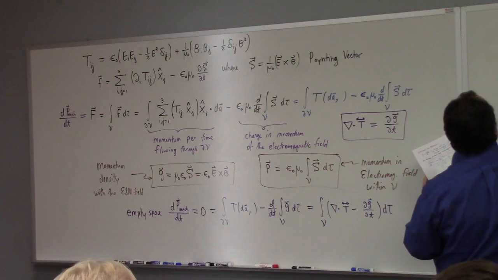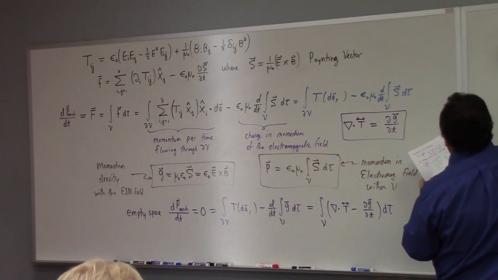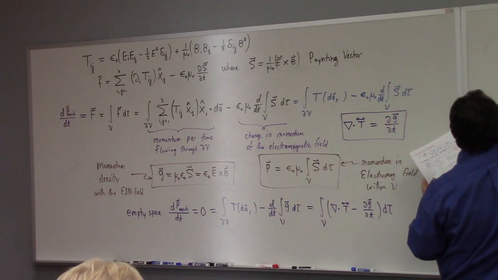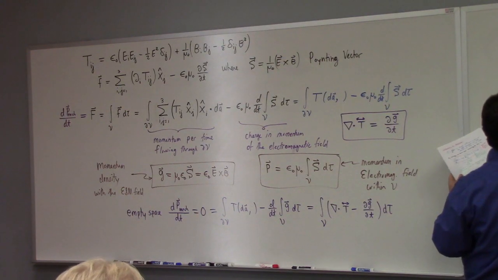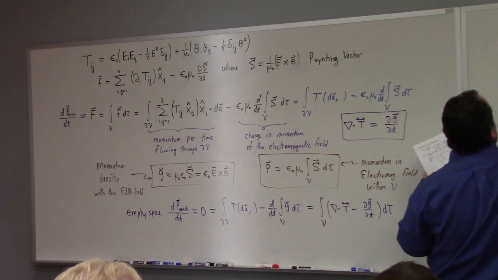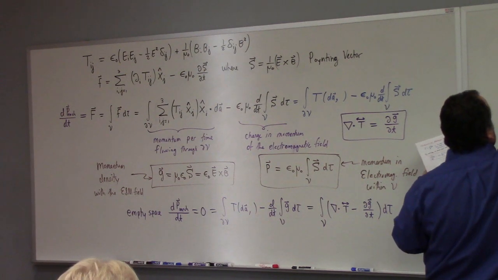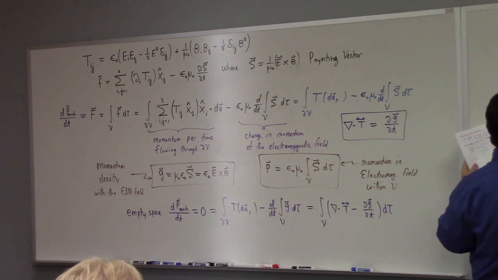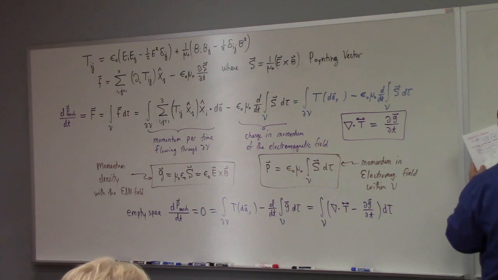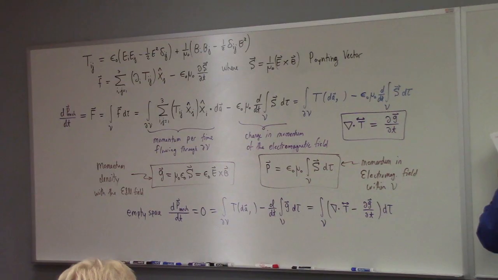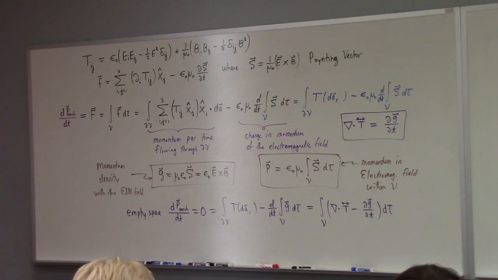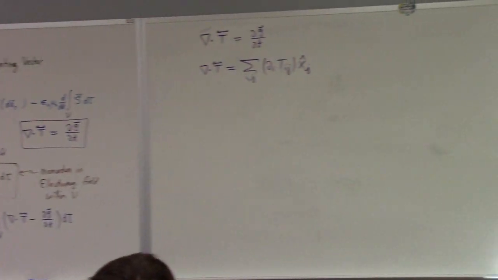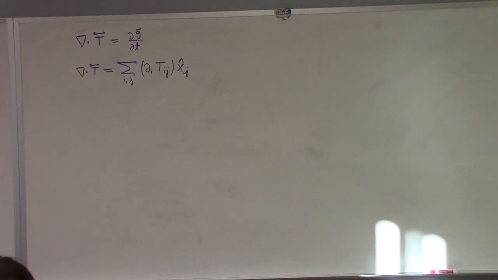So nabla dot T, whatever that means, I'll tell you in just a second, is equal to partial g, partial t. Now, this contraption was defined to be the sum over i and j of partial i T_ij x hat j. That's the divergence of the stress energy tensor. And so what this expression is, is the local conservation of field momentum in the absence of charge. There is a local conservation of field momentum in the absence of charge.